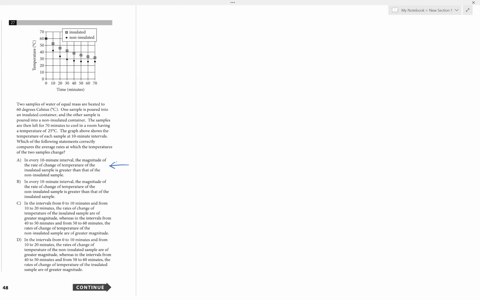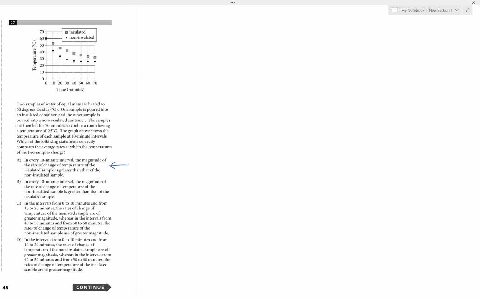So they're saying in every 10 minutes, the rate of change for the insulated sample is greater than the non-insulated sample. They're not talking about the actual temperature, but rather the rate of change, so how much it decreases. How big is that change? Is the insulated sample always having a bigger change compared to the non-insulated sample?